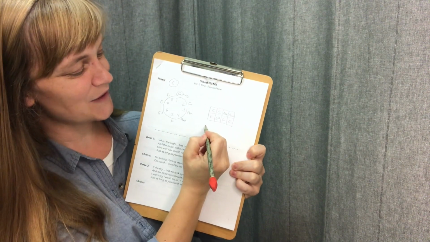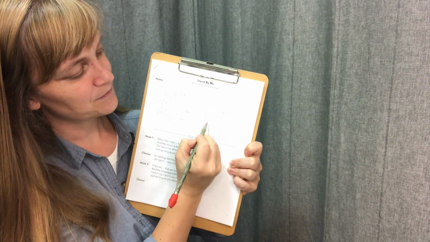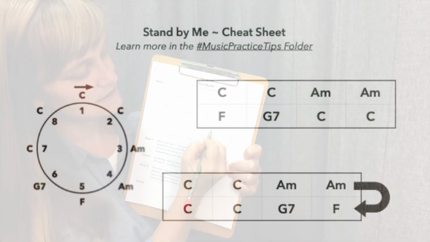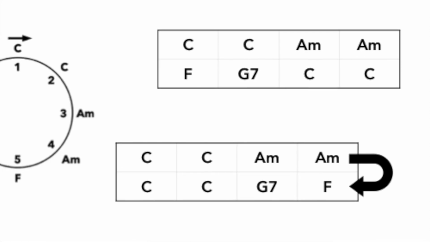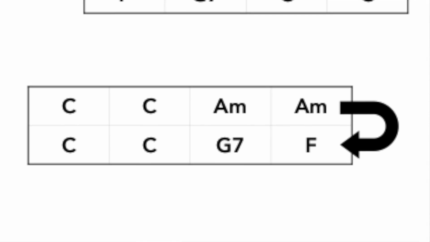Not to confuse you too much, but some folks said they like to combine the circle and the box, and they did the box around like this. C, C, A minor, F, G7, C, C, and then started back at the top.